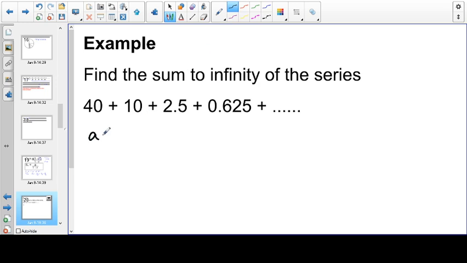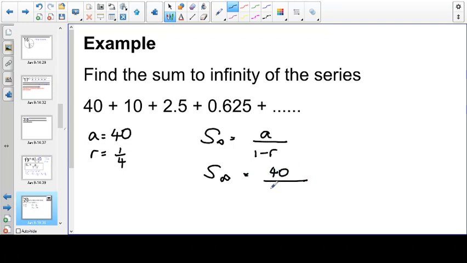Okay, so a is 40, r is 10 divided by 40, which is a quarter. So the sum to infinity is a over 1 minus r, 40 over 1 minus a quarter.